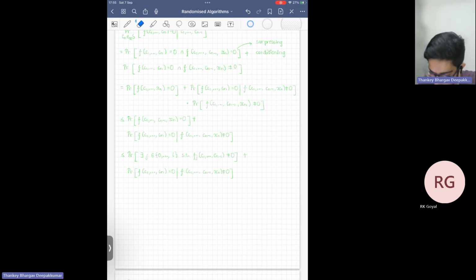No, no, no, this. Okay, so for all j, I want 0, right? So for all j, this is 0. Yeah, this was the complement probability. So the polynomial becomes 0 only when for all j, the corresponding coefficient becomes 0, right? Yes.